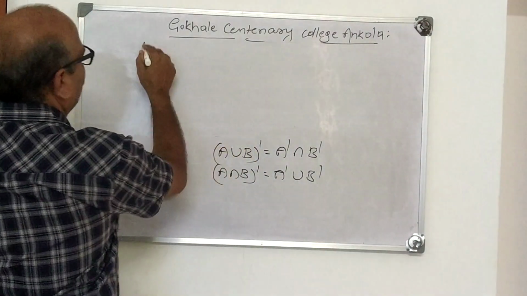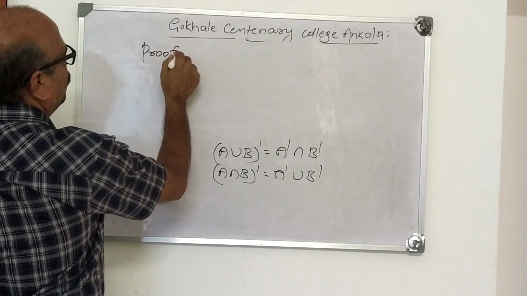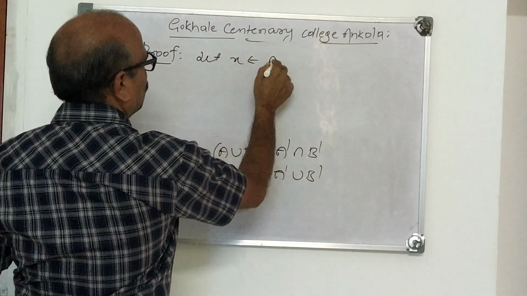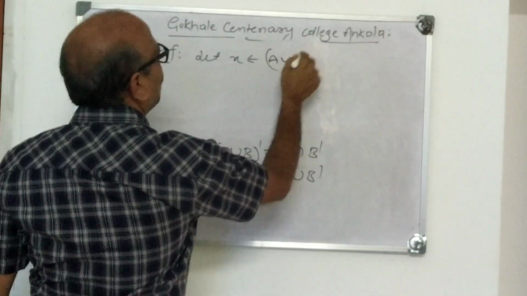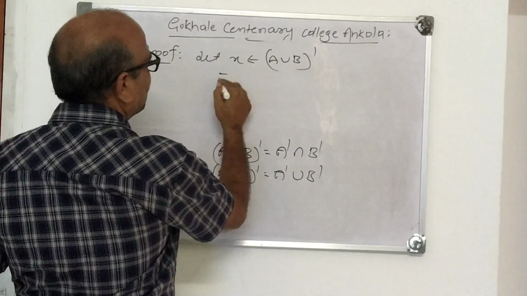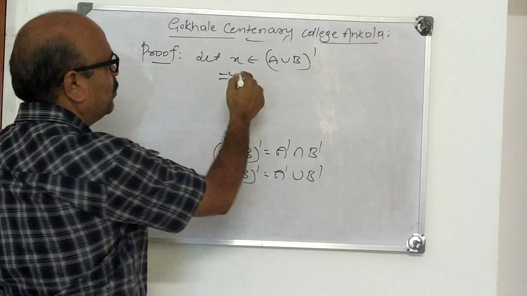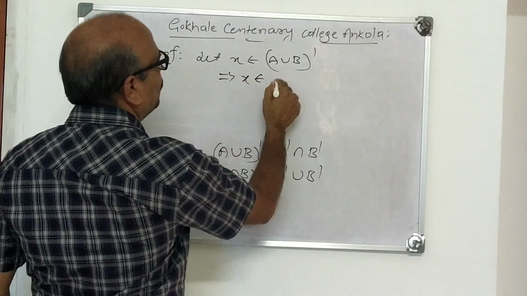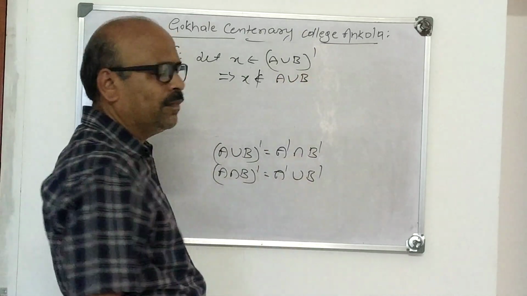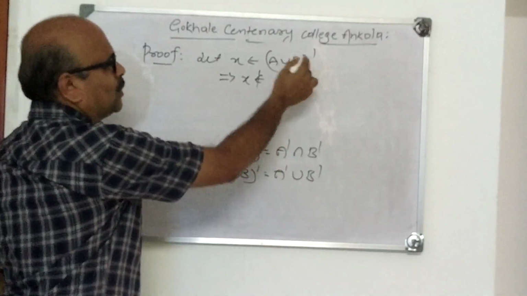So to prove the first one, let x belong to (A union B) complement. What does this imply? You know the definition of complement. This implies x doesn't belong to A union B. That is the definition of complement.